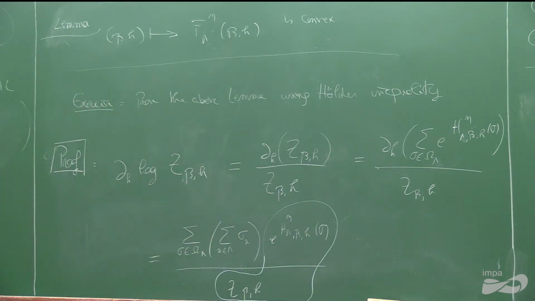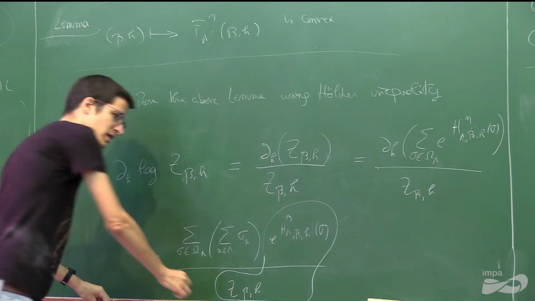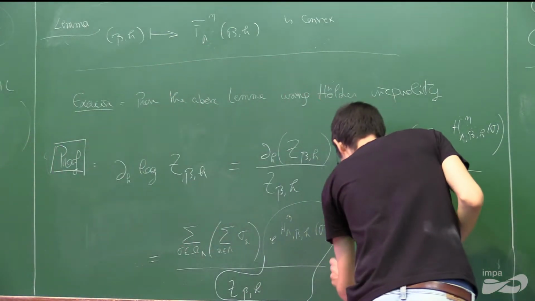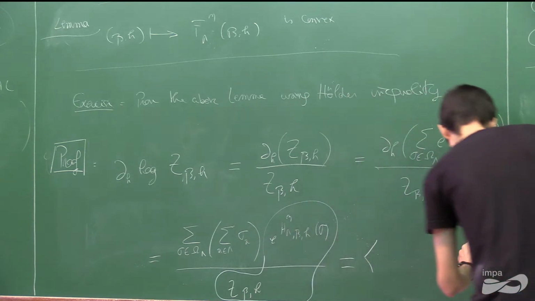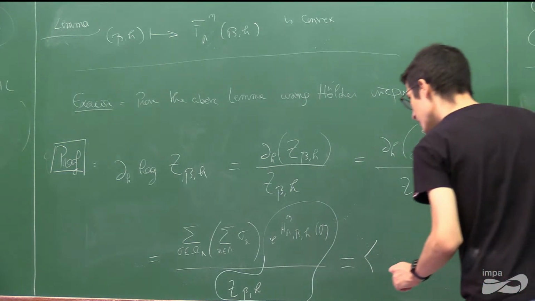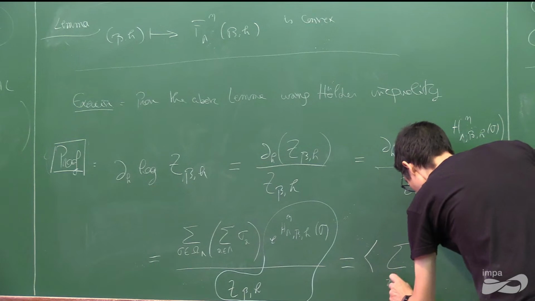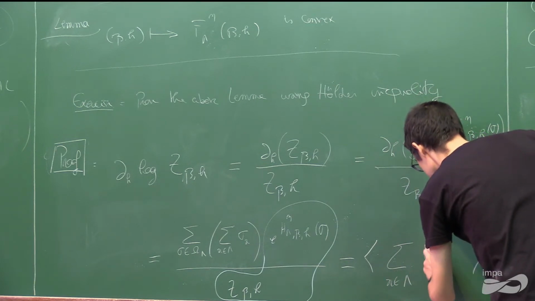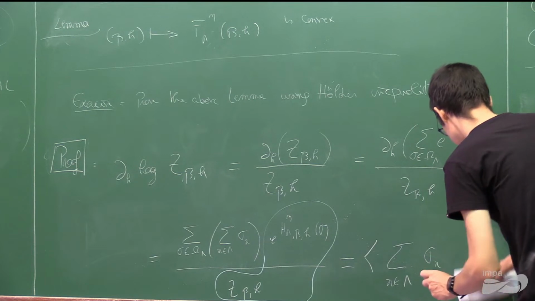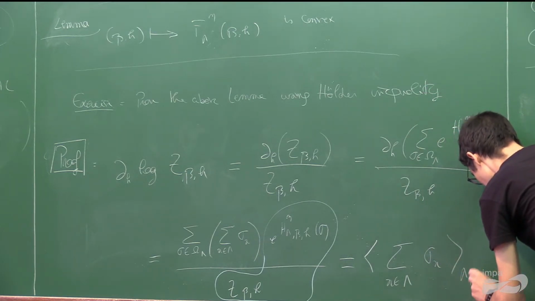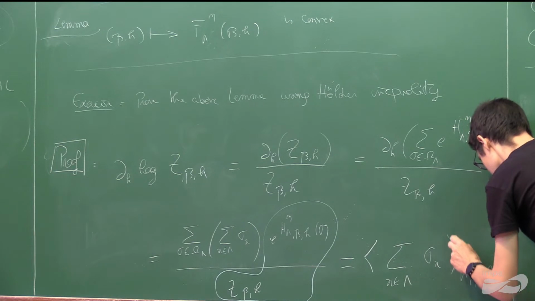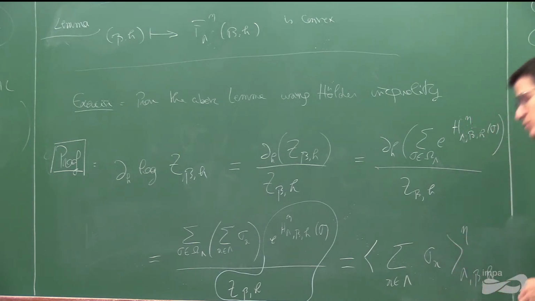So what we are just doing is taking an expectation with respect to mu. These brackets will be the notation which is used for expectation with respect to mu.